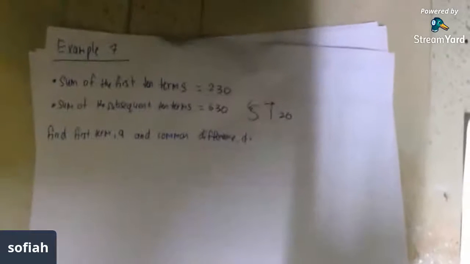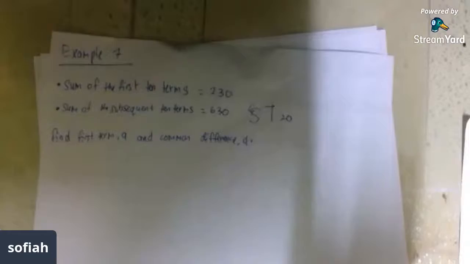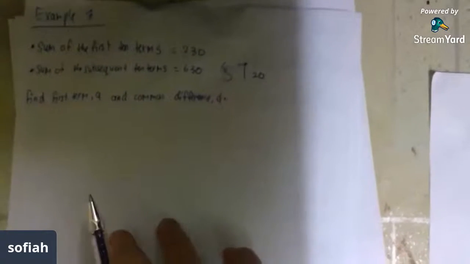Okay, let us continue. The question asks us to find the first term A and the common difference D. The first thing that we need to do is to write the formula for the first n terms.